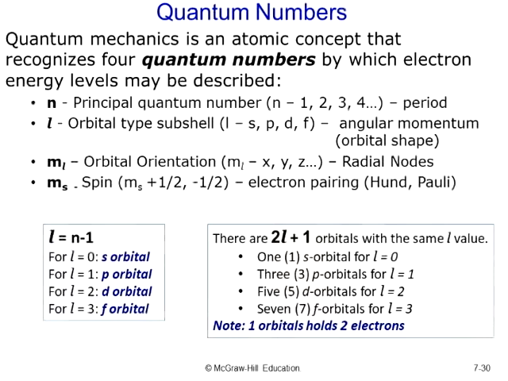In this lecture, we will focus primarily on being able to write electron configuration and being able to draw electron orbital diagrams. So in order to do that, let's start with a review about quantum mechanics, and more specifically about quantum numbers. Quantum mechanics is an atomic concept that recognizes four quantum numbers.